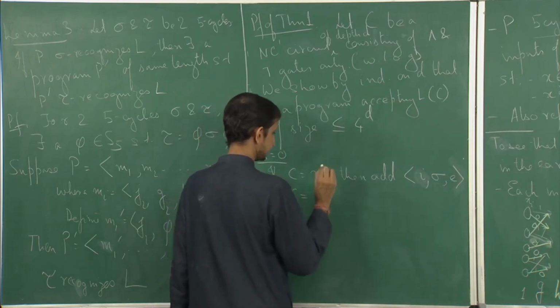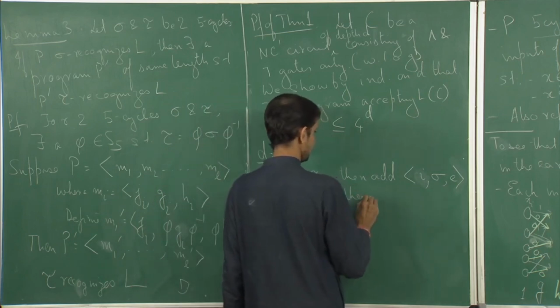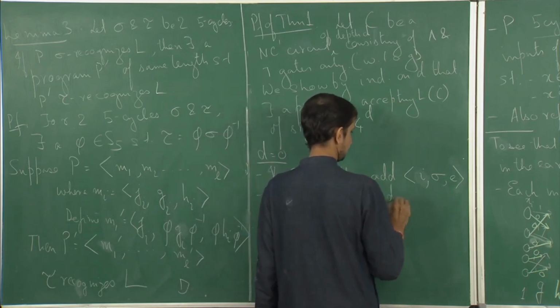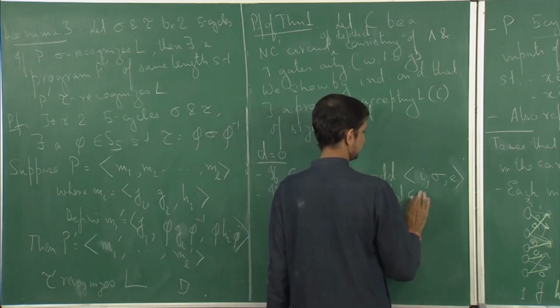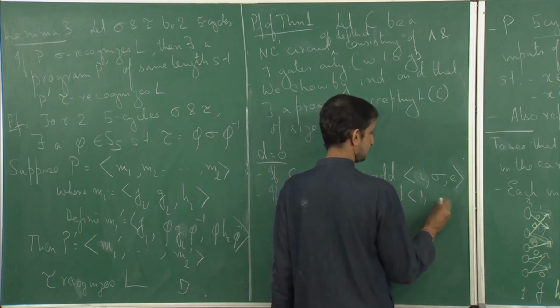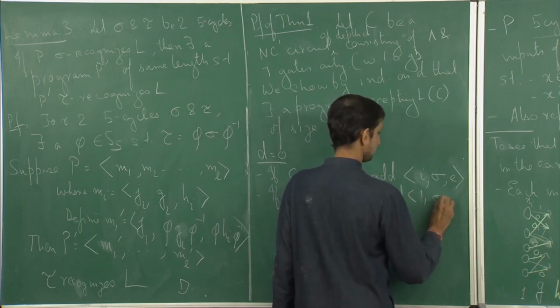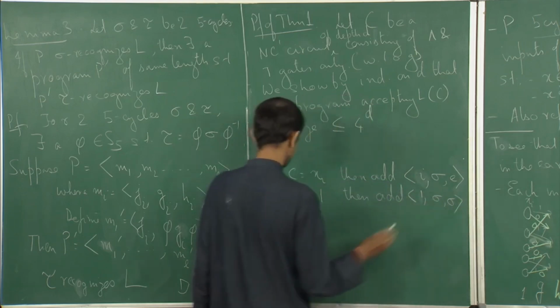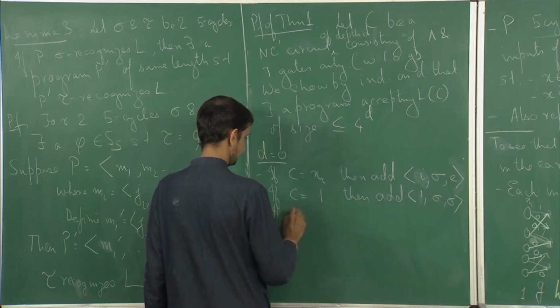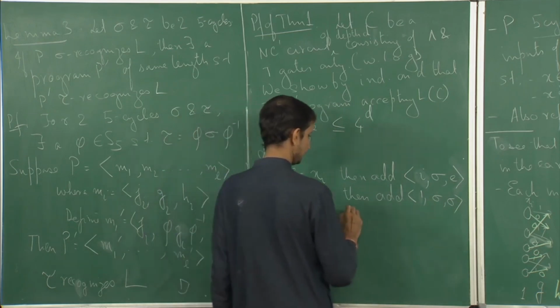If C is the constant 1, then add (1, sigma, sigma). If C is the constant 0, add (1, e, e).